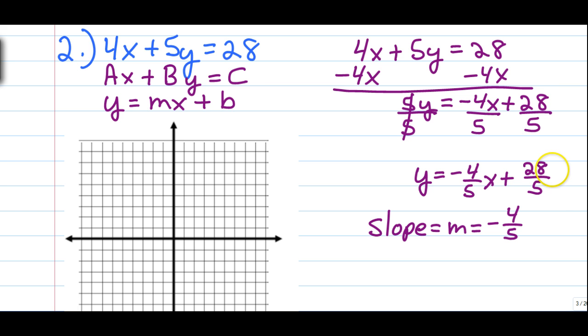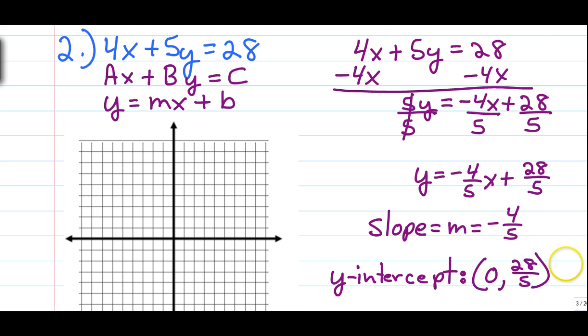Our B position is going to tell us our y-intercept. In this case, our B position is 28 over 5. So our y-intercept will be 0, 28 over 5.